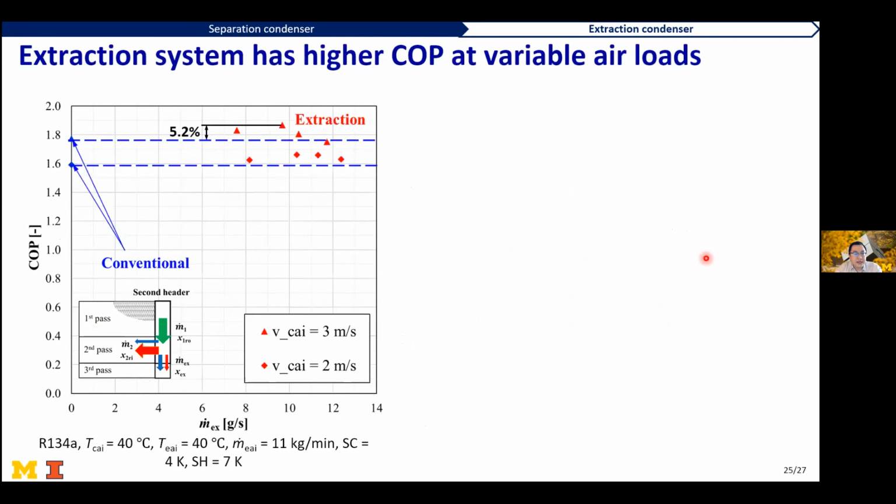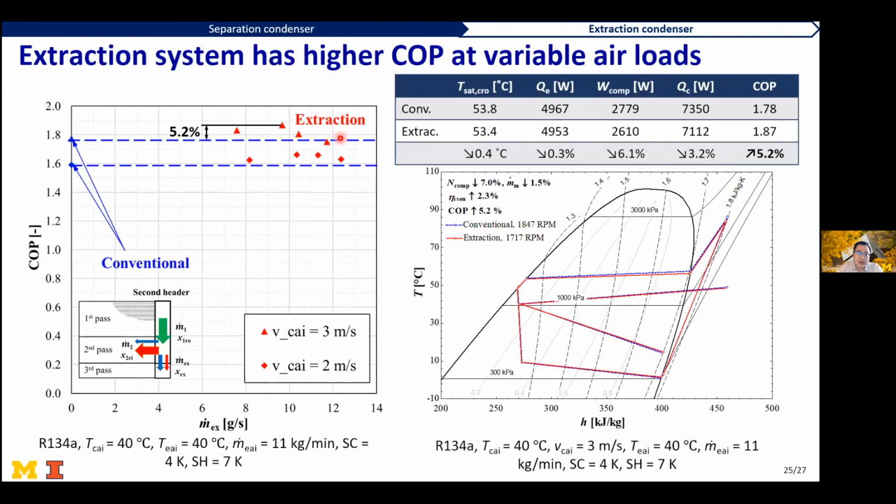And finally, I'm going to show the system level comparison, the coefficient of performance. We can see up to 5.2% improvement on the system coefficient of performance as we increase the extraction mass flow rate. So essentially there's an optimal extraction flow rate to give the highest COP for the system.